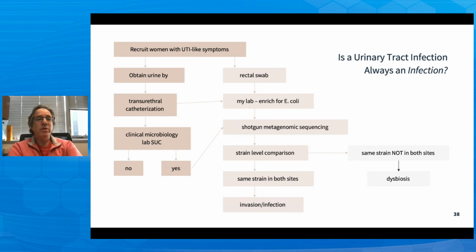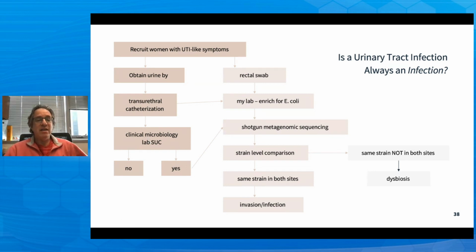All right, we're recruiting women with UTI-like symptoms. We're taking urine by a transurethral catheterization. We're getting a rectal swab. Both of those samples are coming to my lab, and we're enriching for E. coli. We're letting them grow overnight so that we can grow up the E. coli. In the meantime, the cath sample goes to the clin lab for the typical standard urine culture test.